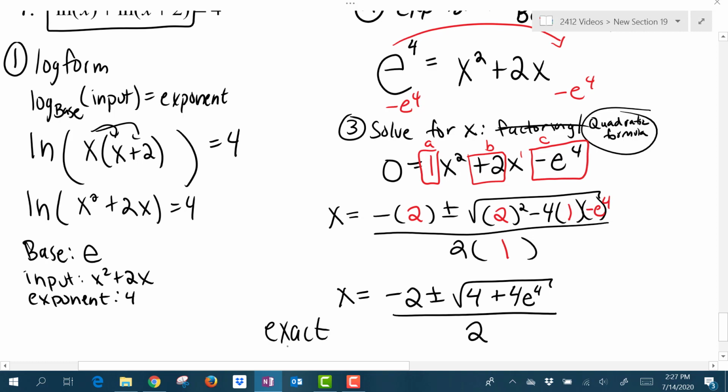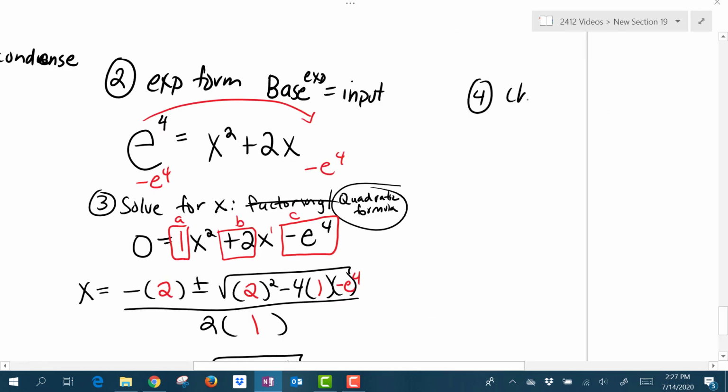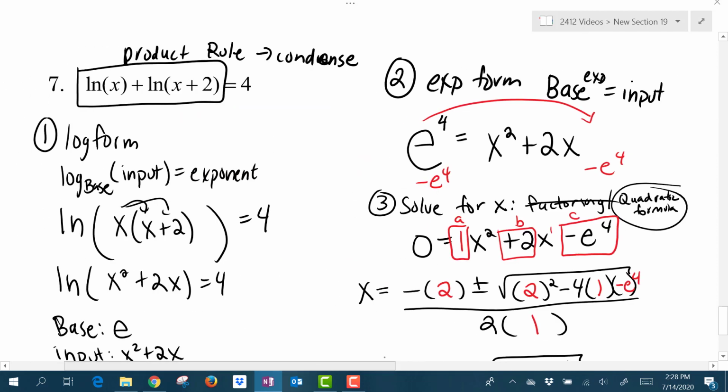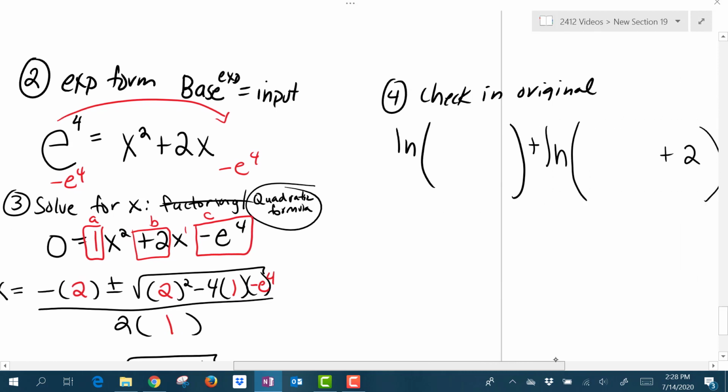Now remember, before we decide that that is our official solution, we do want to make sure that we check it in the original equation. Alright, so here's our original equation. Natural log of x plus natural log of x plus 2 equals 4. So I've copied that here.